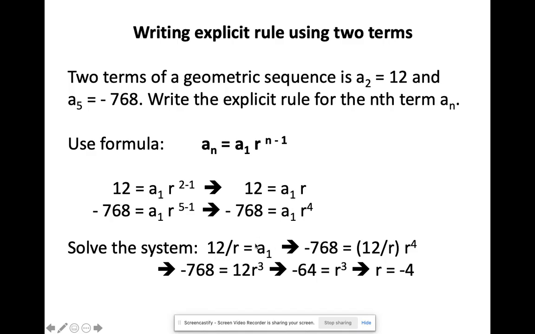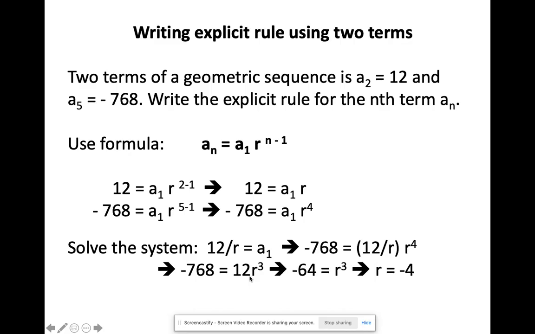And I'm going to plug that a1 into the second equation. That's why I have negative 768 equals 12 over r times r to the 4th. So the r here and one of the r's in r to the 4th cancel out. So I'm left with 12r to the 3rd.